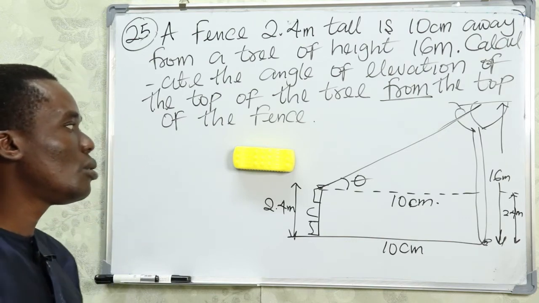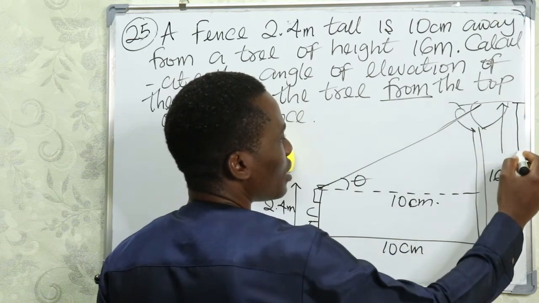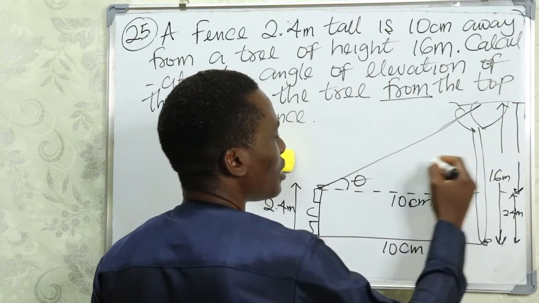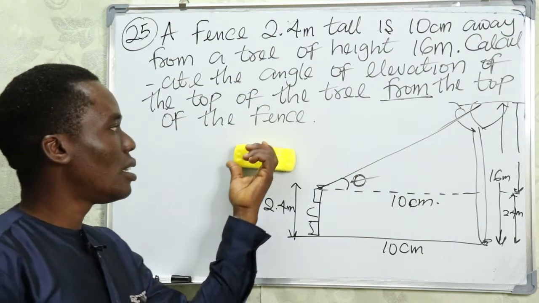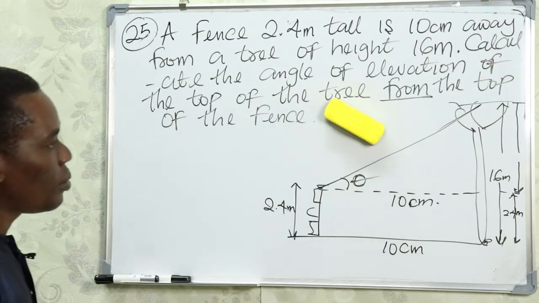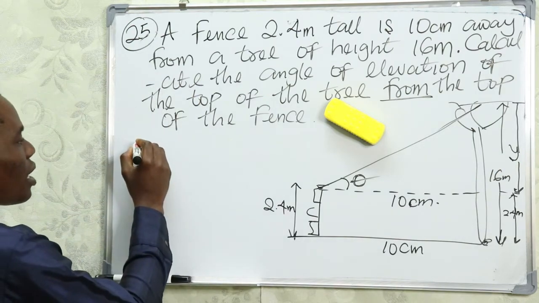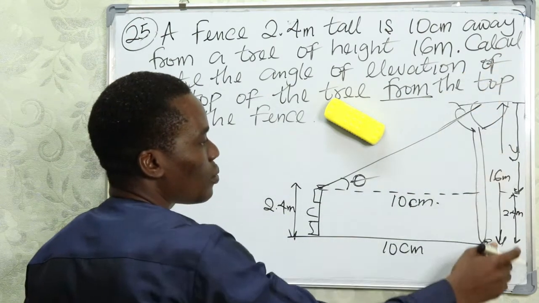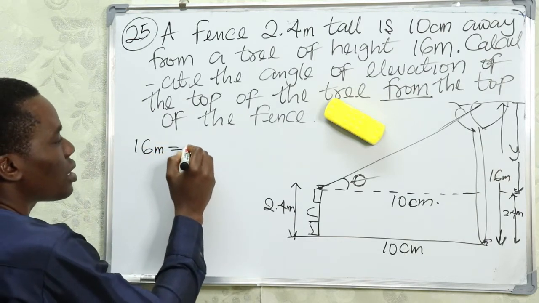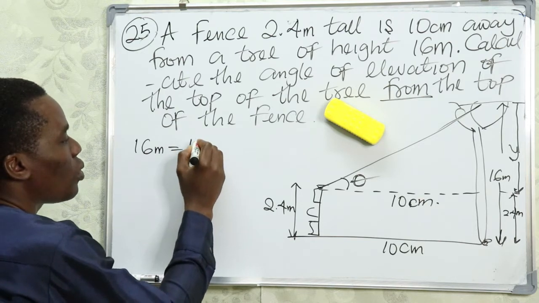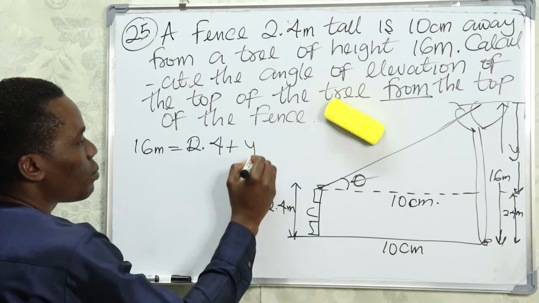Now all we need to do is to find this other side, because we will need this other side to find the value of this angle. Now how do we get the value of that other side? Remember, let's assume that other side is y. So our y now, remember, the whole length of the tree is 16. So the whole length is 16 meters, our 16 will be equal to 2.4 plus y.